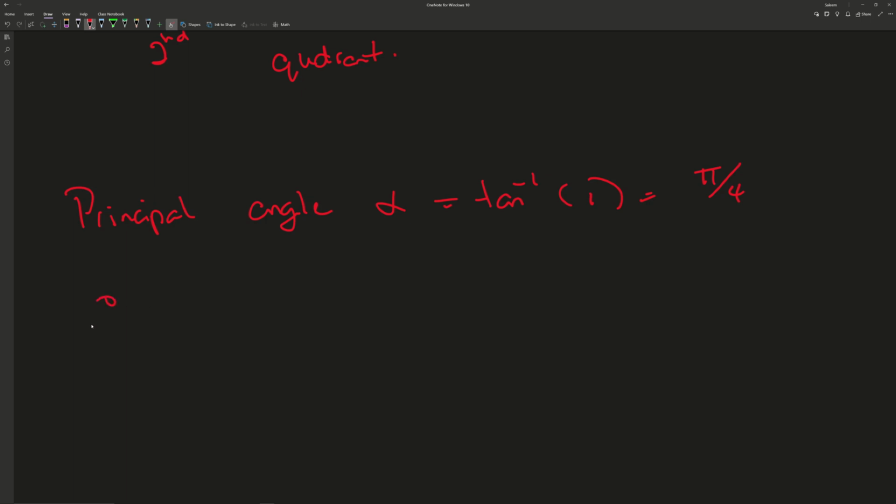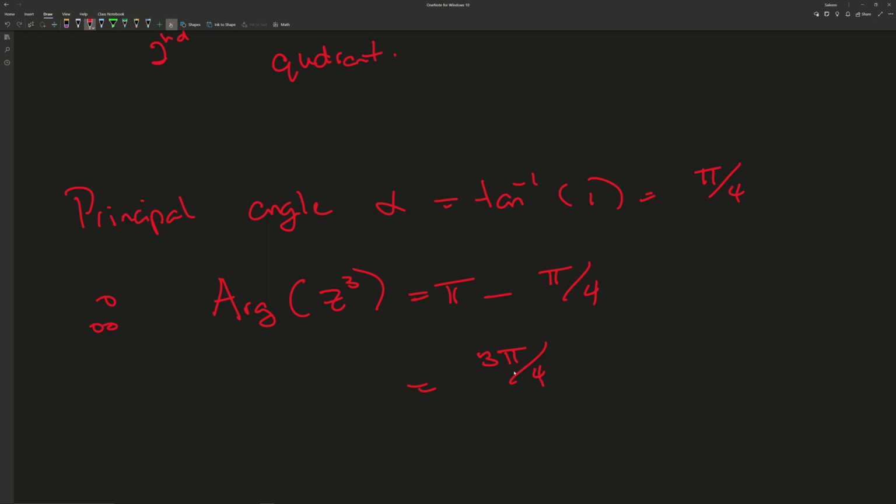So therefore, big A. Remember we said for the principal argument, we want big A, so that we can tell the difference between the regular argument when we find tan inverse and the principal argument, which is big A, which is pi minus pi upon 4. This is easy algebra. It's just 3 pi upon 4.